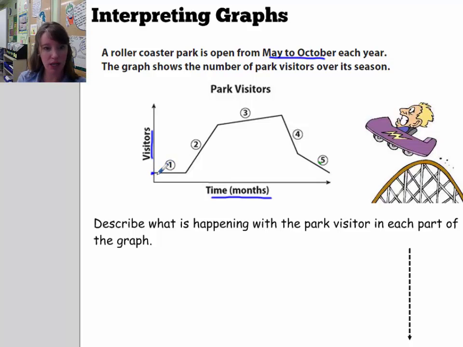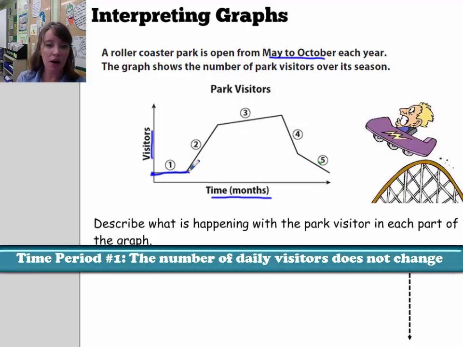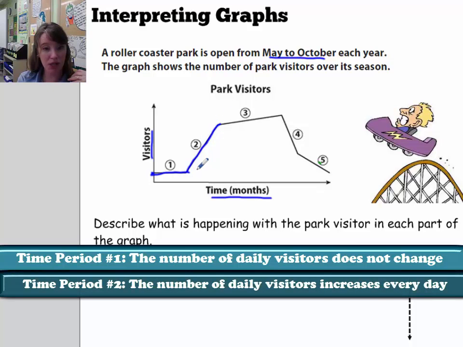So this indicates that a certain amount of people are visiting, but that amount is not increasing over this period of time. Now for line segment number 2, the visitors are increasing over this period of time. We can see that because it's no longer a flat segment. Any flat segment means that it's remaining the same over time. So the amount of visitors, whatever this was on the y-axis, remains the same.